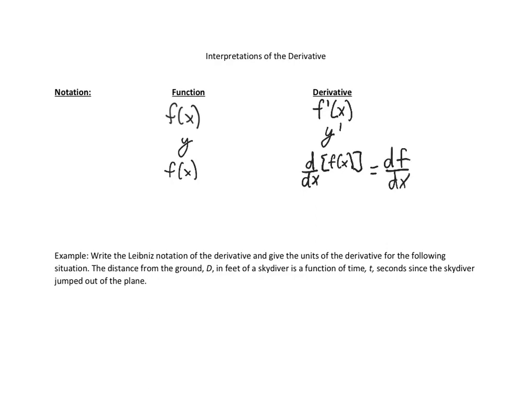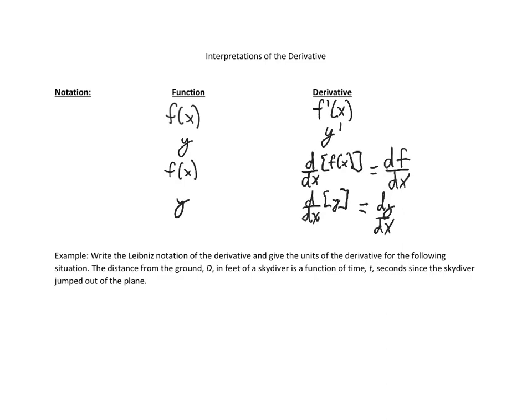And we're going to talk in a minute why that notation is helpful for units. And so likewise, if we had y, then Leibniz notation would say we would do d dx of y, or we would call that dy dx.